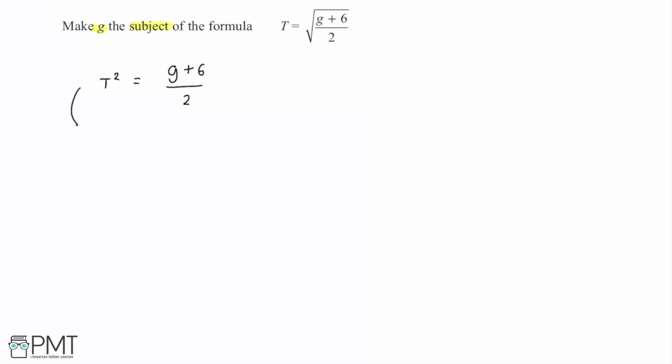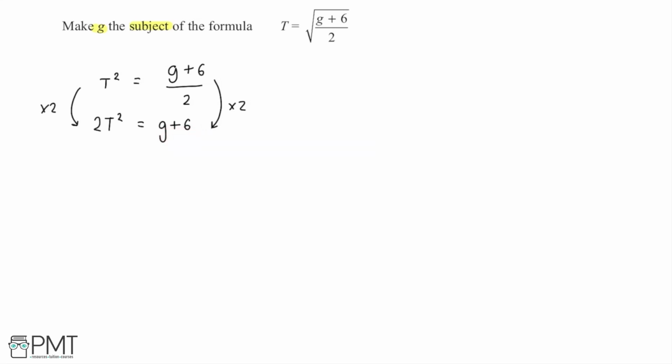So if I multiply both sides by 2, I'm left with 2t squared is equal to G plus 6, because the divide by 2 and the multiplied by 2 cancel out. And now it's really simple to make G the subject. I simply need to get rid of this plus 6 here.